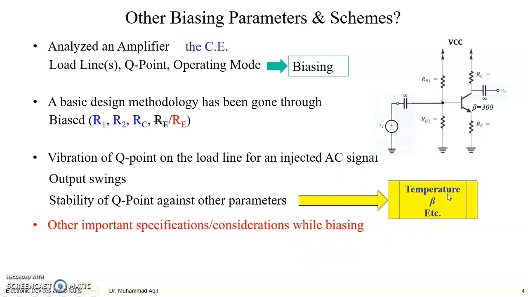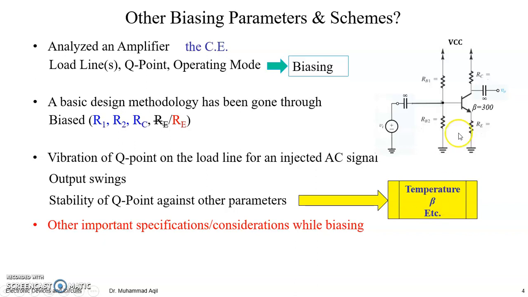Temperature, right? It should not be varying with temperature. Otherwise, your Q point is not stable. So the output will think that this fluctuation is coming from an applied input AC signal. It cannot understand that this is because of some other fluctuations, or we can say these are noise. So we don't want noise signals, right?